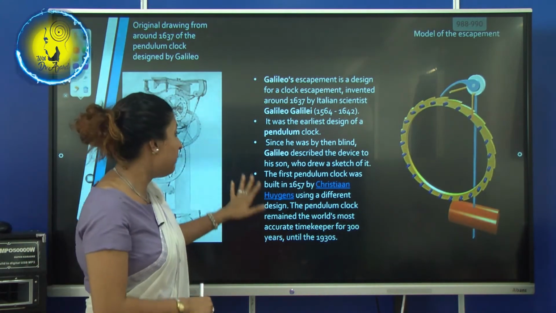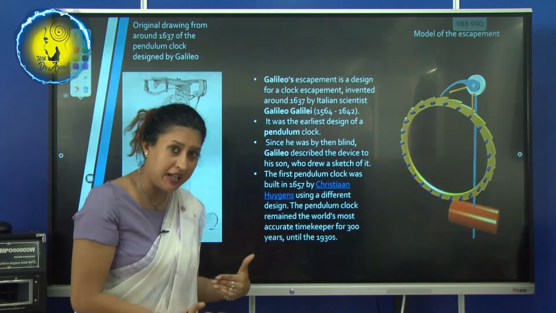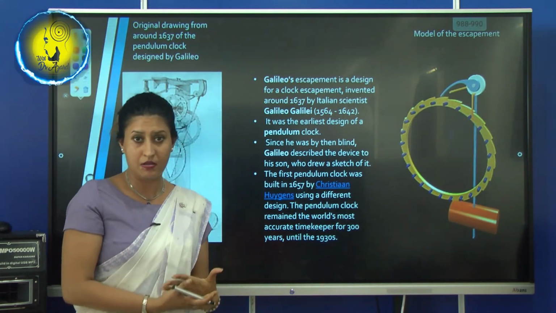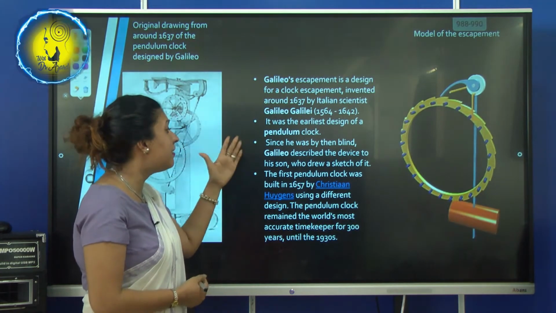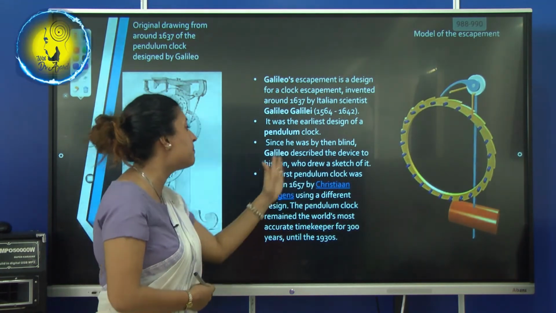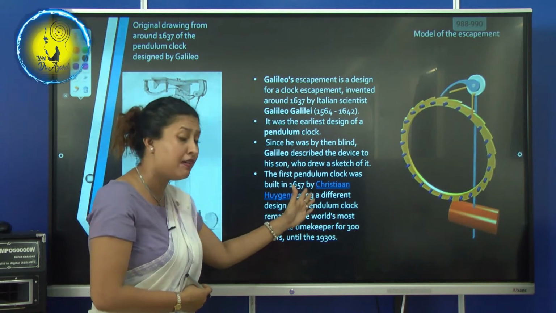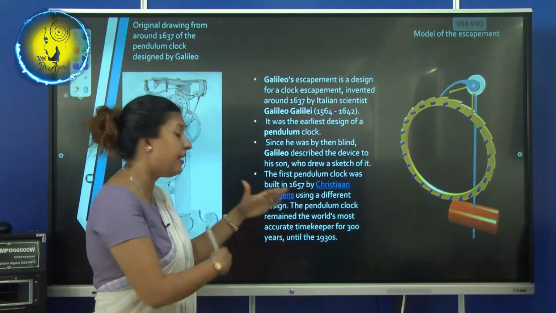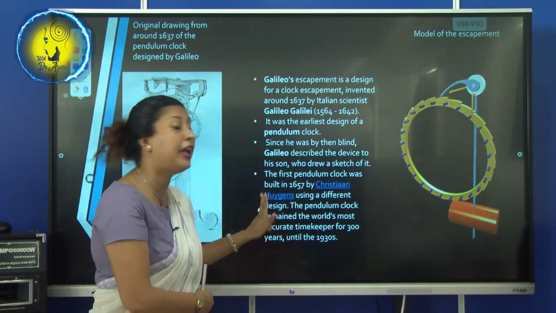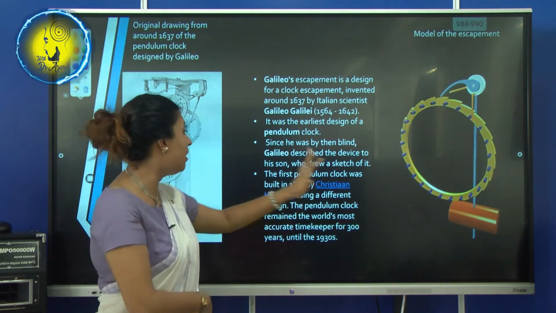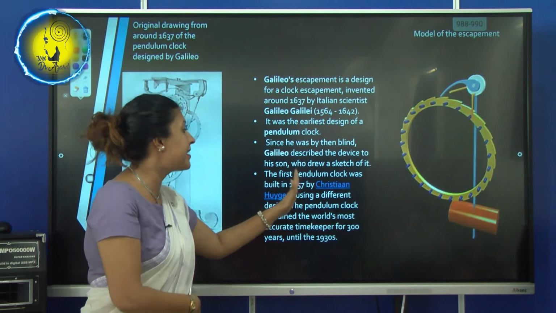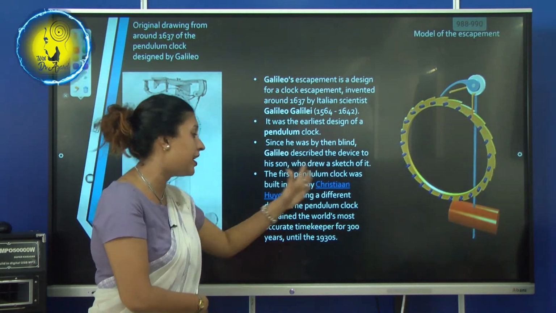After some time, both died. So because of that, the first pendulum clock was built in 1657 by another person, Christian Huygens.